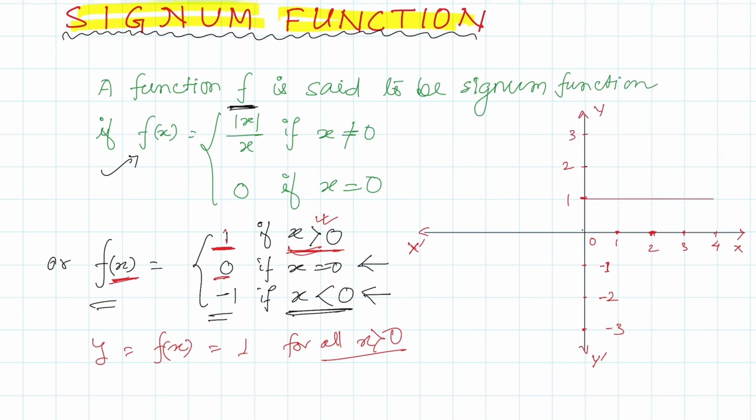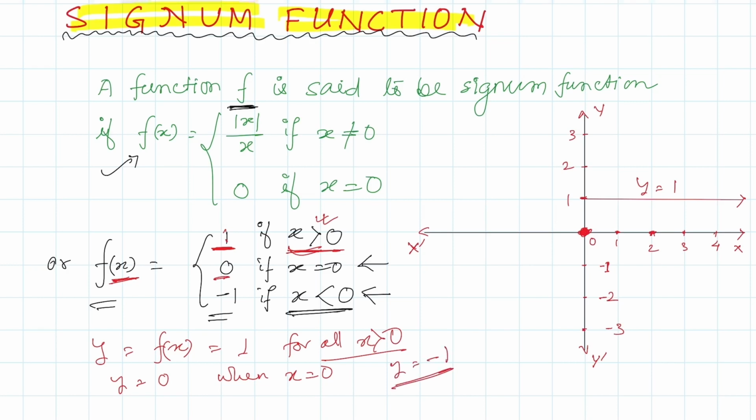this one. Okay, this is y equal to plus 1, and it is 0 when x is equal to 0. Okay, so y will be equal to 0 when x is equal to 0. That's why this point is also included, the origin. Okay, and y is equal to minus 1.